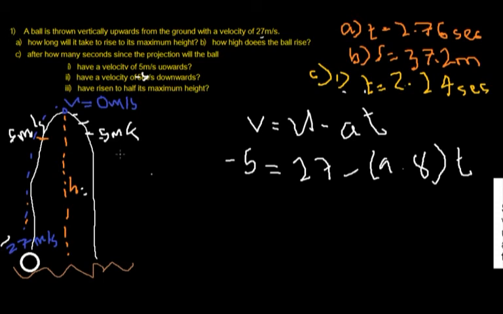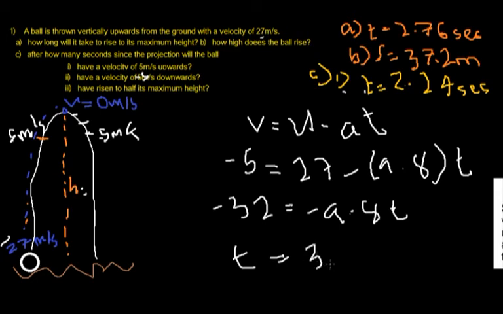It will be negative 5 minus 27, which is negative 32, equal to negative 9.8 multiplied by t. Divide both sides by negative 9.8 to solve for t, where t will be equal to 3.26 seconds. So that's the time it took for the ball to reach a velocity of negative 5 meters per second.